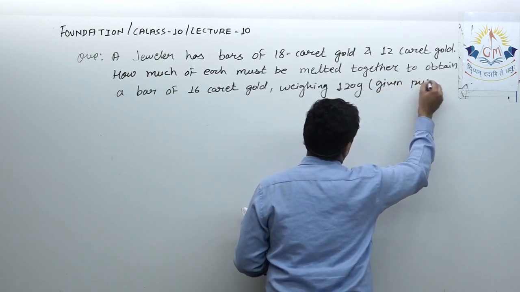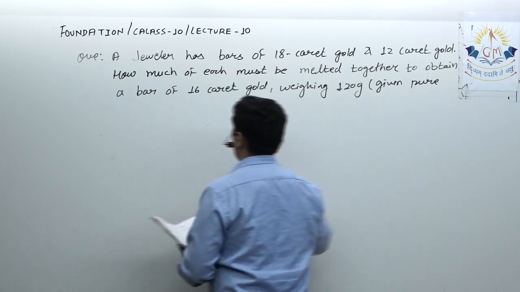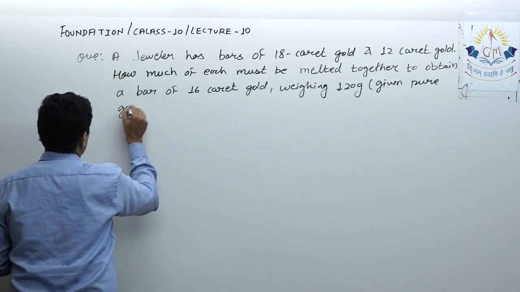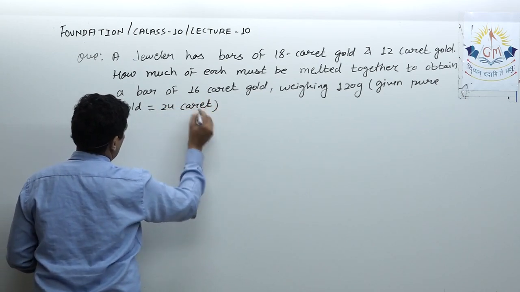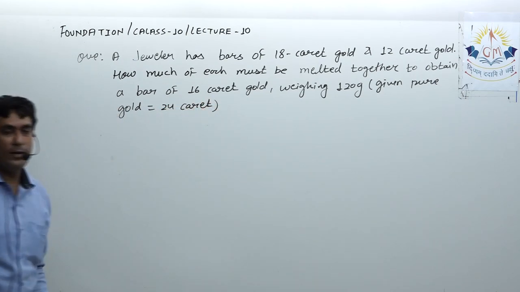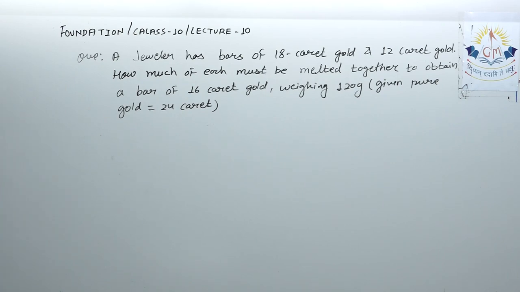Given pure gold is equal to 24 carat. So think for a while, then I will give its solution.